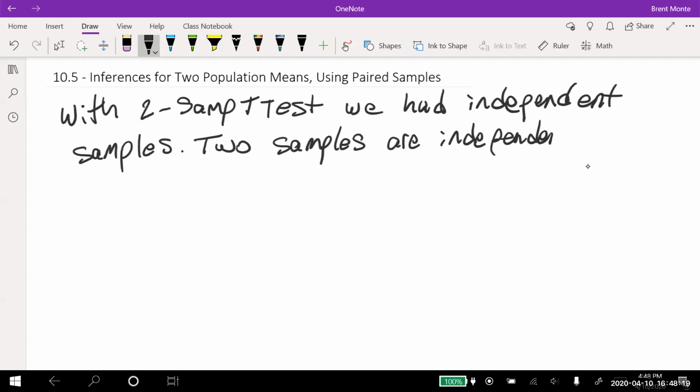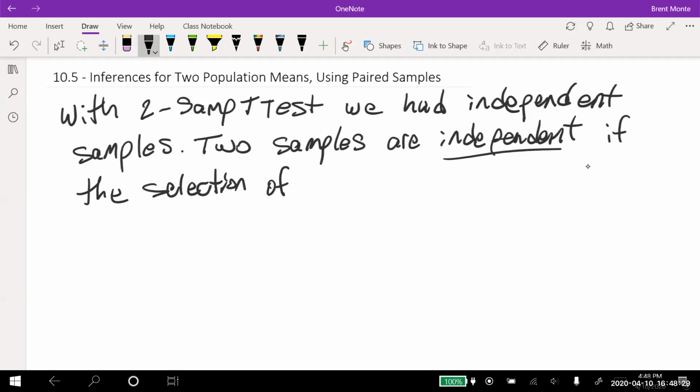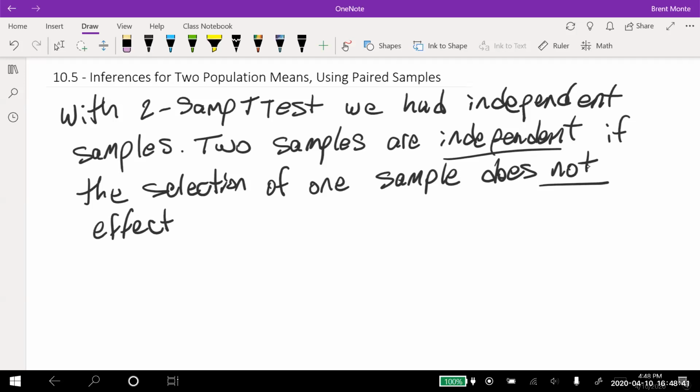Remember, that means the selection of one sample does not affect the selection of the other sample.